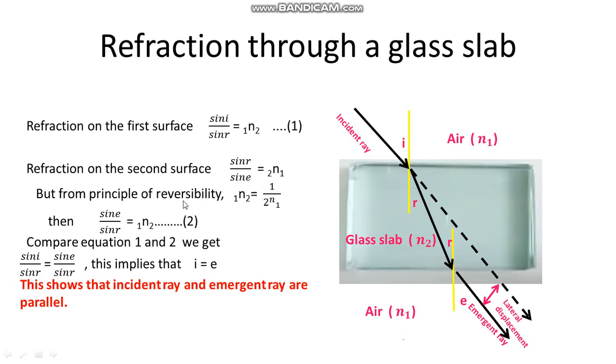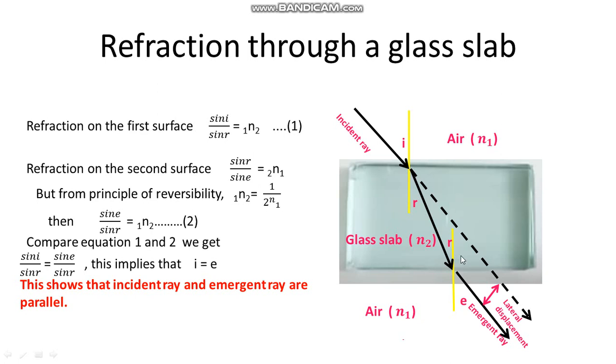There we apply the principle of reversibility, that the refractive index of the second medium with respect to the first medium is equal to the reciprocal of the refractive index of the first medium with respect to the second medium. So this is equation 2. Compare equations 1 and 2 here. When we compare them, we get that the angle of incidence is the same as the angle of emergence. When i is equal to e, we can say that the incident ray and emergent ray are parallel.